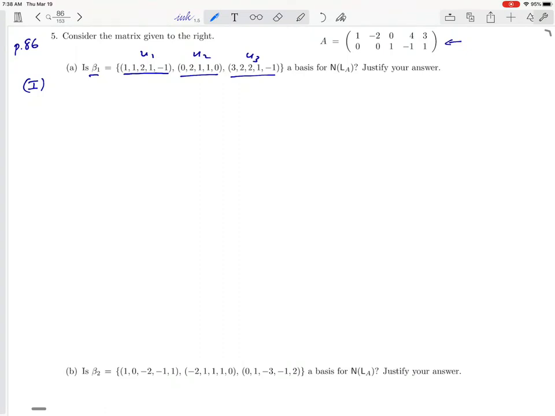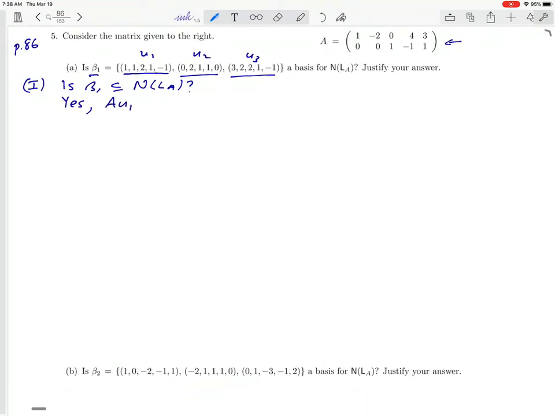And so we could check to see if those are in the null space of L of A by just taking the matrix A and multiplying by each of those 3 vectors one at a time and asking, do we get 0? Okay, that's going to answer the question as to whether beta 1 is a subset of the null space of L of A. Okay, and it turns out that the answer to that is yes.